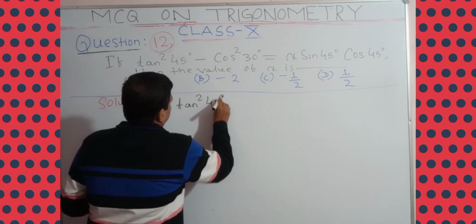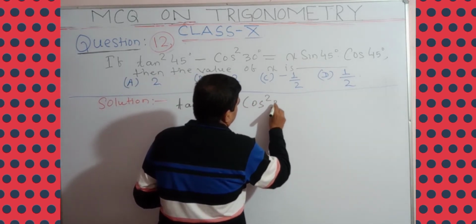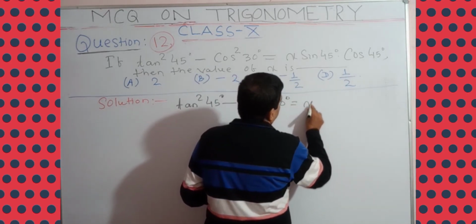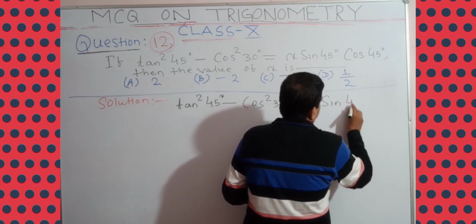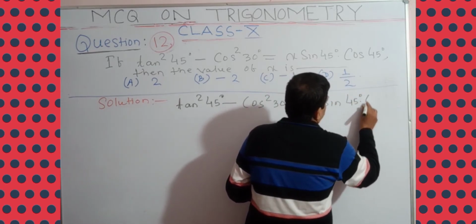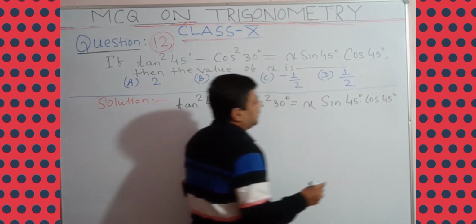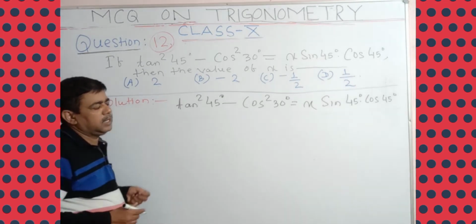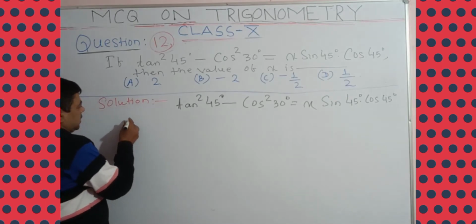So here you have to remember the trigonometric ratios of the angles 30 degree and 45 degree, and then you can use the values correctly. One short trick for remembering the trigonometric ratios of angles 30, 45 and 60 degree was already discussed. You can go through it once again.